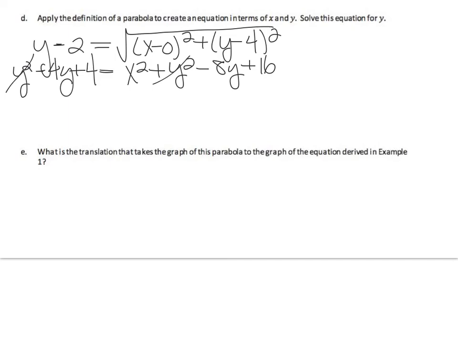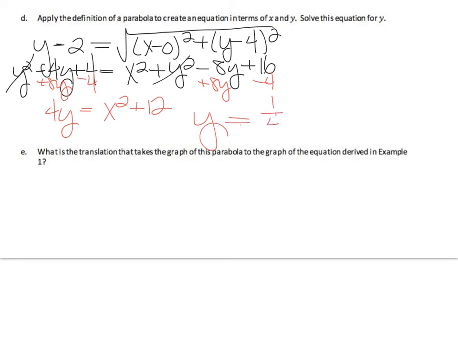So plus 8y gives me a 4y, and minus 4, I get x squared plus 12. Divide everything by 4. I have y equals 1/4 x squared plus 3. Not too bad, right?